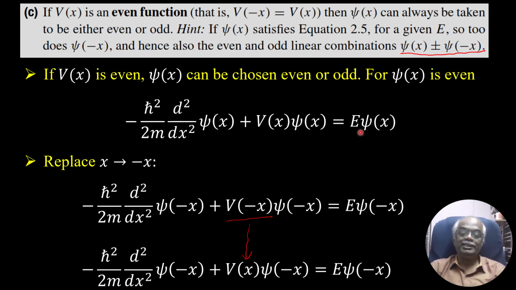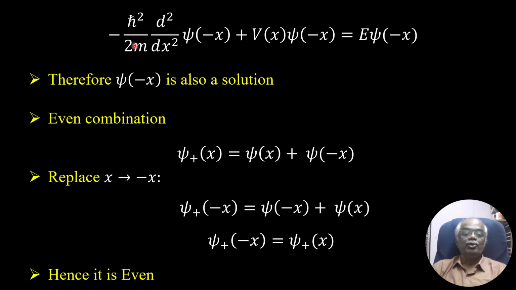Here you can see ψ(x) is a solution of the Schrödinger equation. At the same time, ψ(−x) is also a solution of the Schrödinger wave equation. So after replacing x by minus x, we got this expression. Therefore, as I said, ψ(−x) is also a solution.